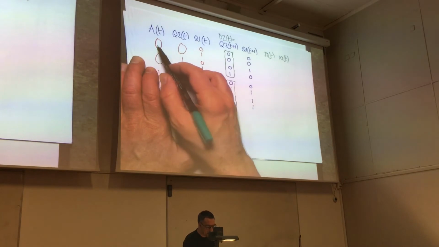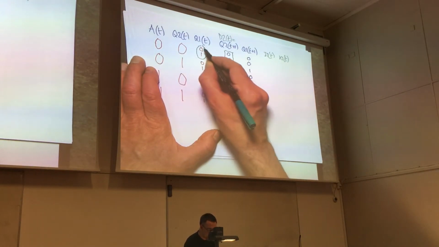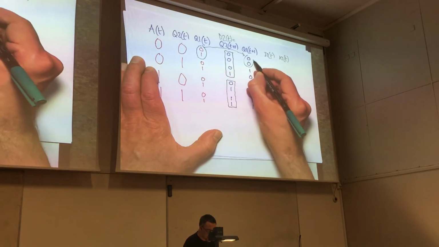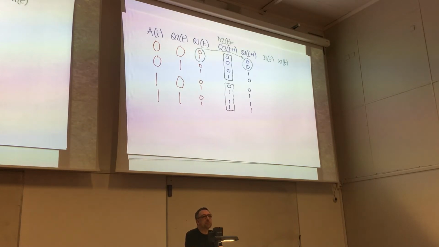So when A is 0 and Q2 is 0, we go from 0 or 1 to 0 and 0. So what are we needing to do? We need to reset the flip-flop. How do we tell the flip-flop to reset?